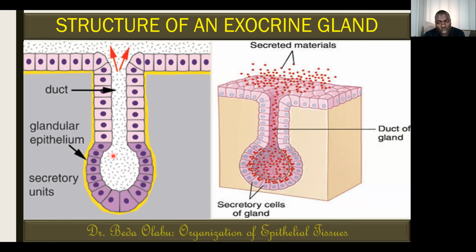So the point I want you to understand is that an exocrine gland has two components: the secretory portion and the ductal portion, or the glandular portion and the ductal portion.